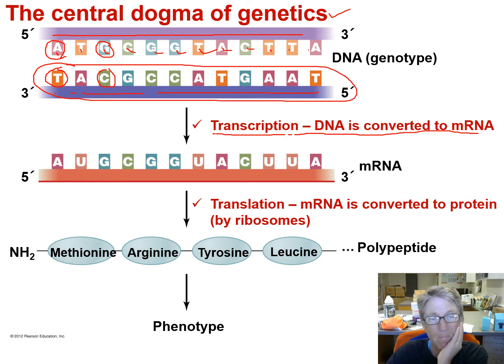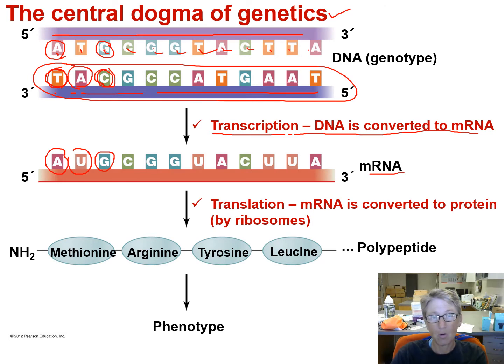So you transcribe the T to an A in the messenger RNA, and then from the A in the DNA, you transcribe to a U, because remember there's no T in messenger RNA, and then the C would be transcribed to a G, etc. And then you'd have this messenger RNA transcript. That's what they call it, a messenger RNA transcript.